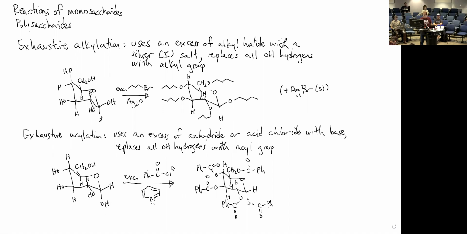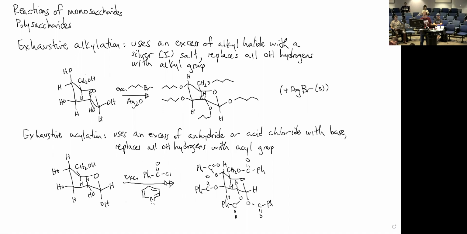And we're going to treat that with an excess of either an acid anhydride or an acid chloride. Here we're using benzoyl chloride. I could have picked any other acid chloride or acid anhydride. And you also need a base. Generally, it will be pyridine or triethylamine or something like that. You want to use some kind of amine base in order to soak up the acid.